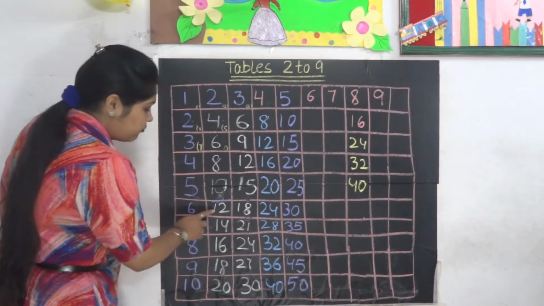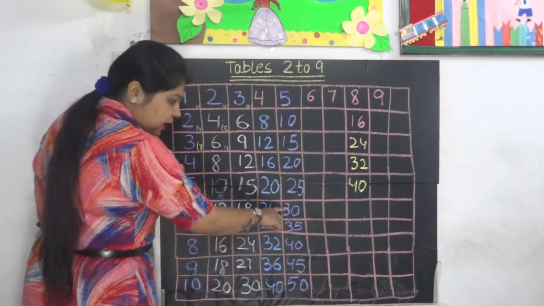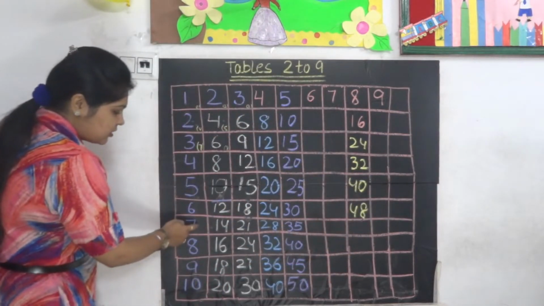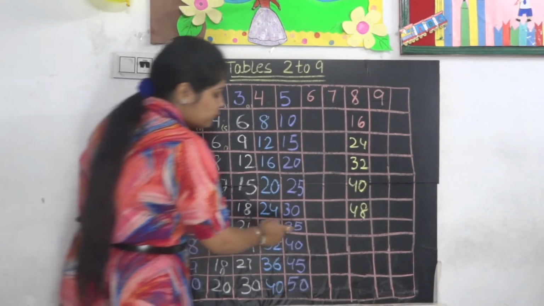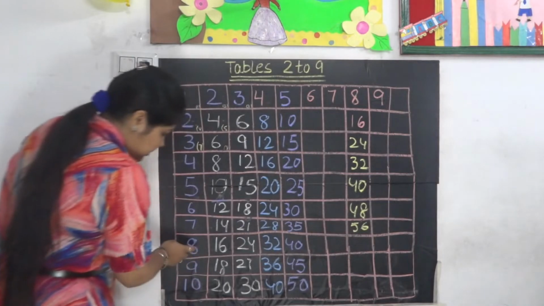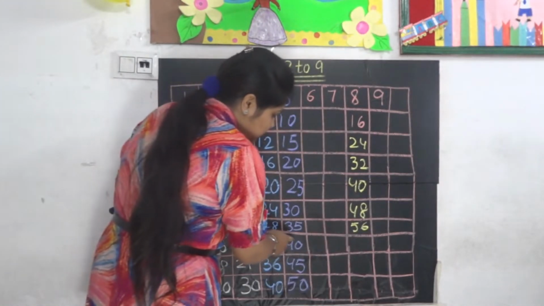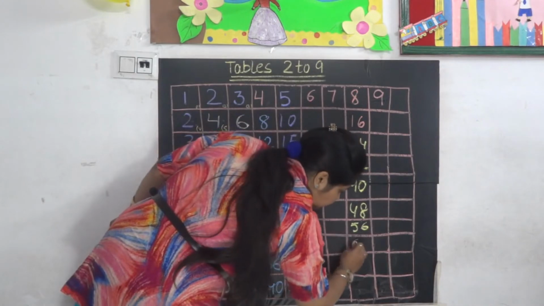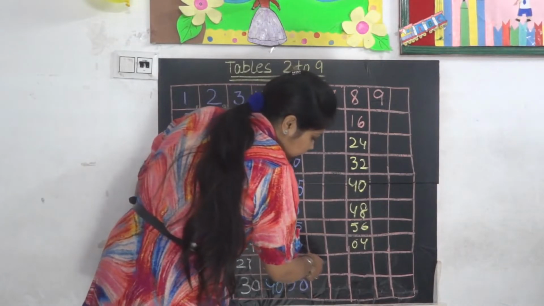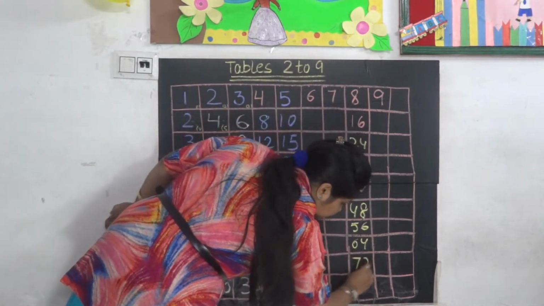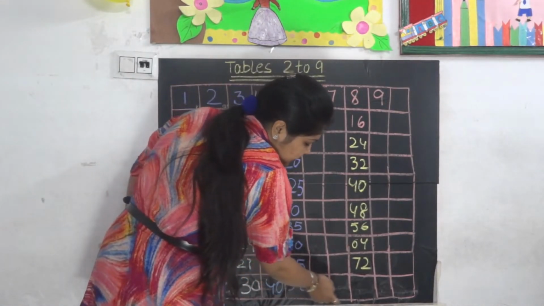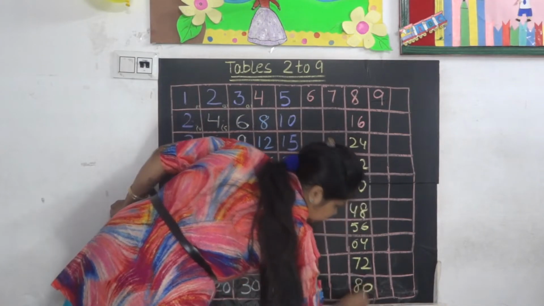40. Then 41, 42, 43, 44, 45, 46, 47, 48, 49, 50, 51, 52, 53, 54, 55, 56, 57, 58, 59, 60, 61, 62, 63, 64, 65, 66, 67, 68, 69, 70, 71, 72, 73, 74, 75, 76, 77, 78, 79, 80.